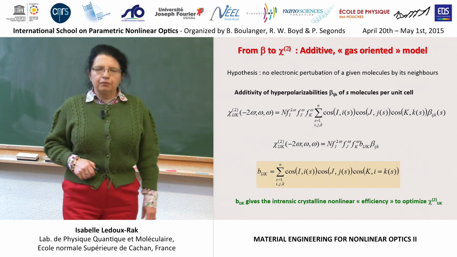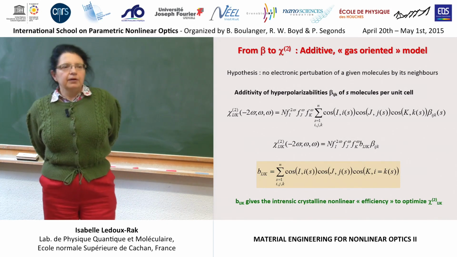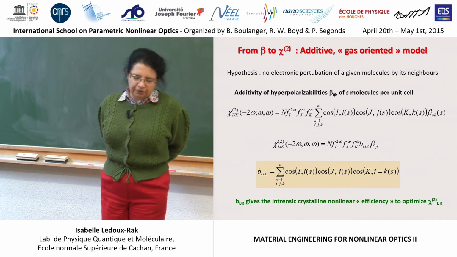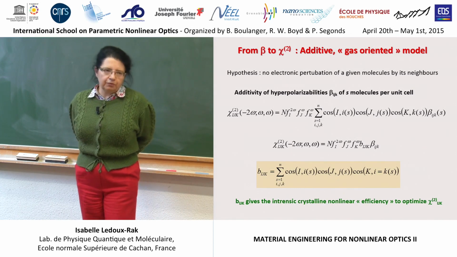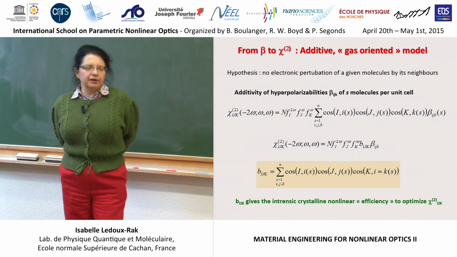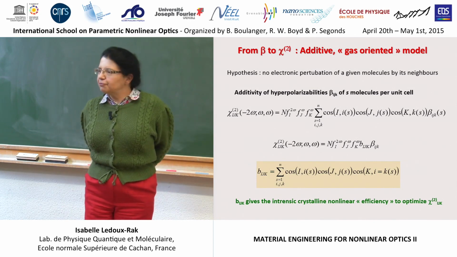And for example, if you have a system made of organic molecules, usually organic crystals are supposed to be molecular crystals. It means that the intermolecular interactions are much weaker in energy than the energy responsible for the cohesion of molecules.